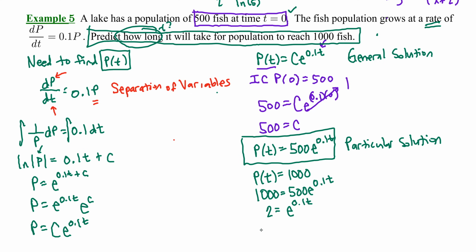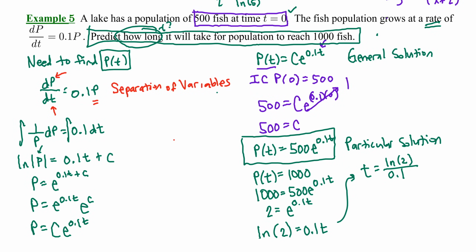We can then convert to logarithmic form. Natural log of 2 equals 0.1t. So again, we're just going from exponential form to logarithmic form. To finish, we need to divide both sides by 0.1. So our t value here is natural log of 2 divided by 0.1.